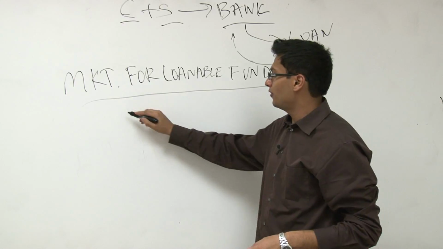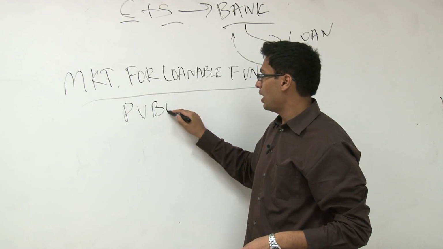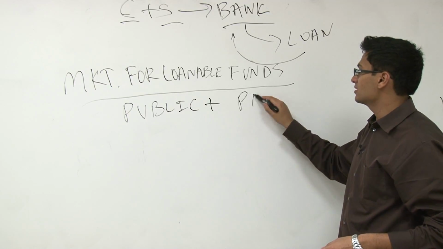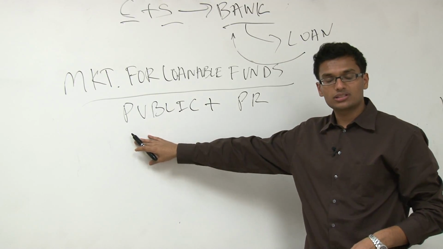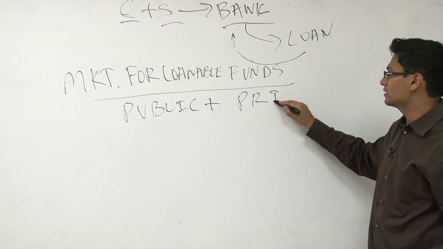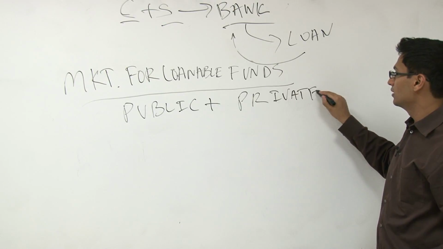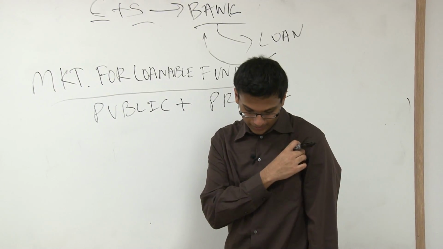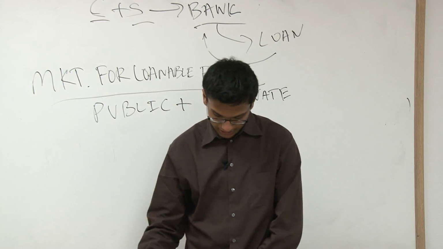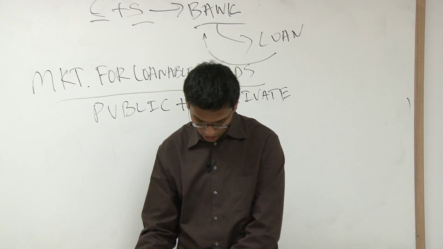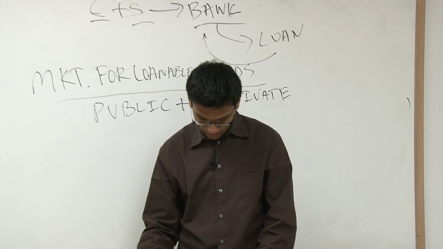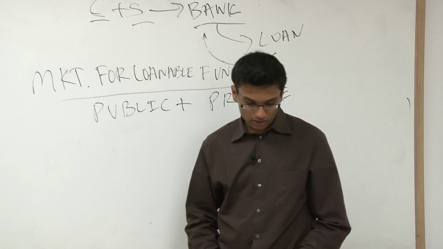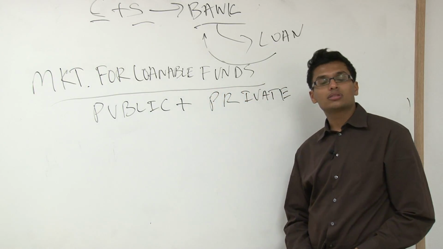The market for loanable funds includes two things: public savings and private savings. Public savings is the money that the government saves, and private savings is the money that you as a consumer save. So this has both. Let me make sure I get the technical definition to make sure that we're okay on that. Yep, we're good. Let's try to graph it to make more sense out of it.